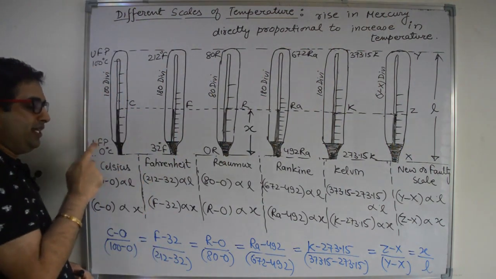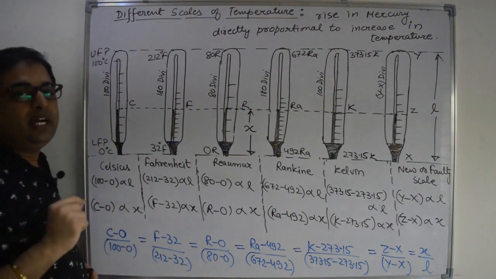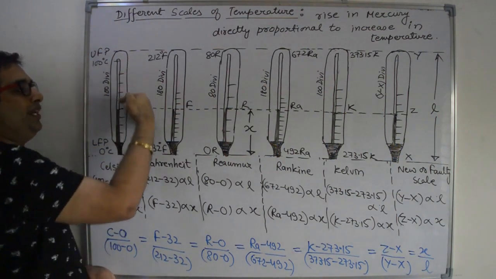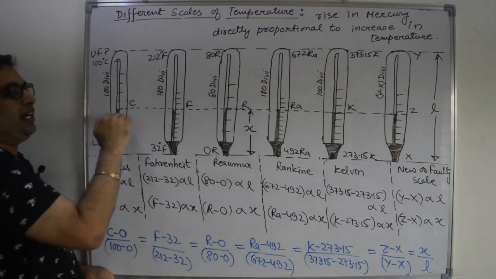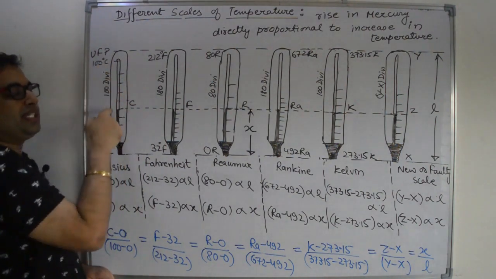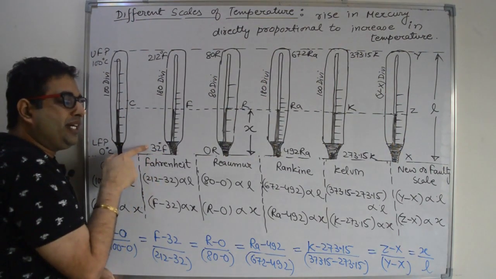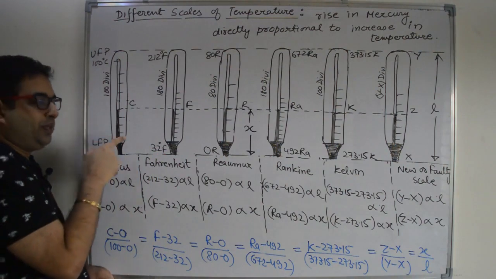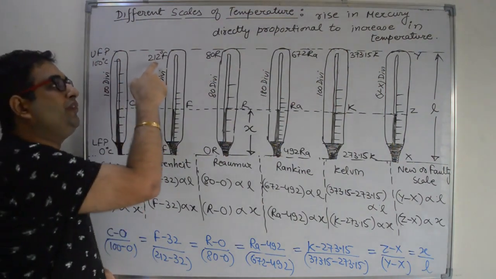For degrees Celsius, the lower fixed point is 0 degrees Celsius, the upper fixed point is 100 degrees Celsius. So there are 100 slots, the gap is 100. So there are 100 slots in this Celsius scale. Second is the Fahrenheit scale, starting from 32, the lower fixed point, and the upper fixed point is 212 degrees Fahrenheit.